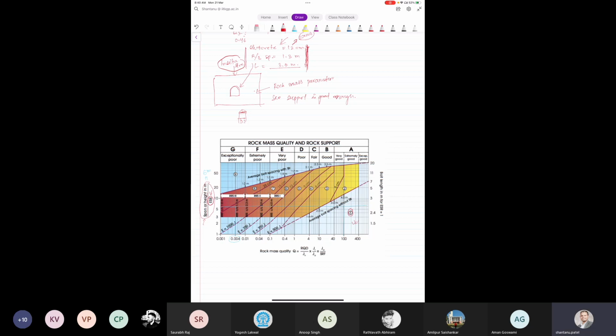So first point is this point and this point. So your class 1 rock will be from, let's say, assume this is 11, this is 10. Sorry, this is 20, this is 10. So let it be 11. So class 1 will be Q value 11 to 100. Is this clear?